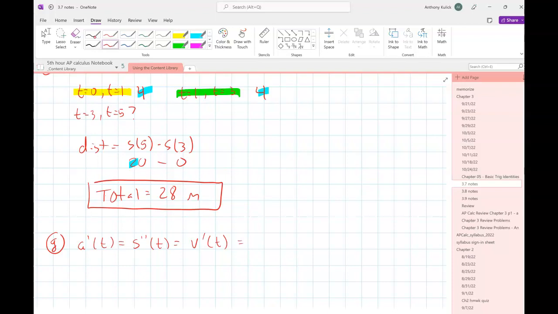So when I take the first derivative of velocity, I get 6t minus 12. And this was asking us for the acceleration at time 4. So that's 12 meters per second squared.